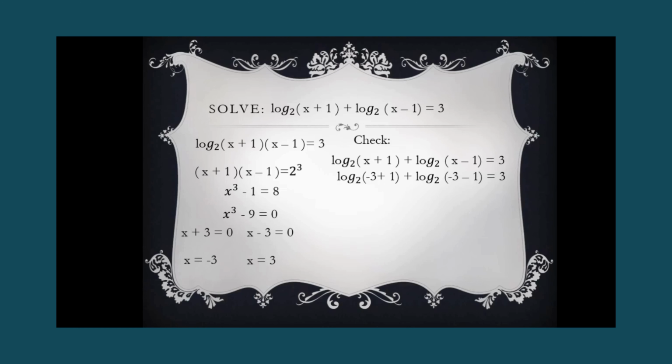Copy negative 3 first because this is the first answer we have. Solve negative 3 plus 1 and negative 3 minus 1. We'll have negative 2 and negative 4. Now, since our x is negative, this is wrong because we can't change them into exponential form if they are negative.